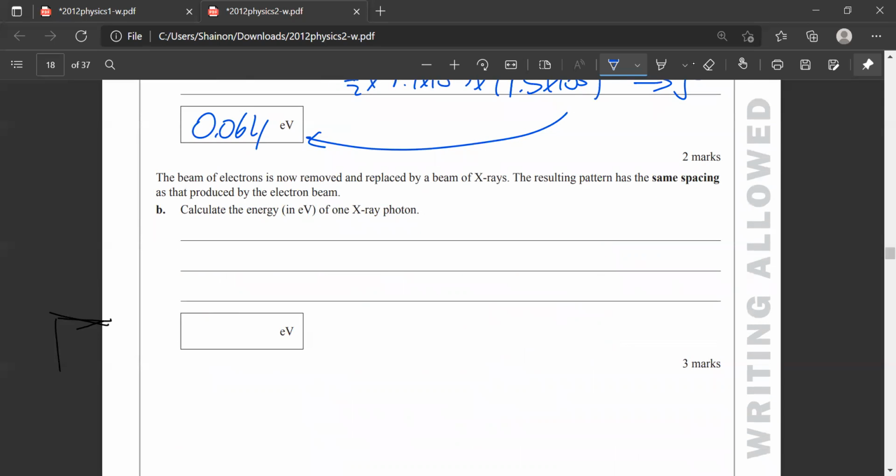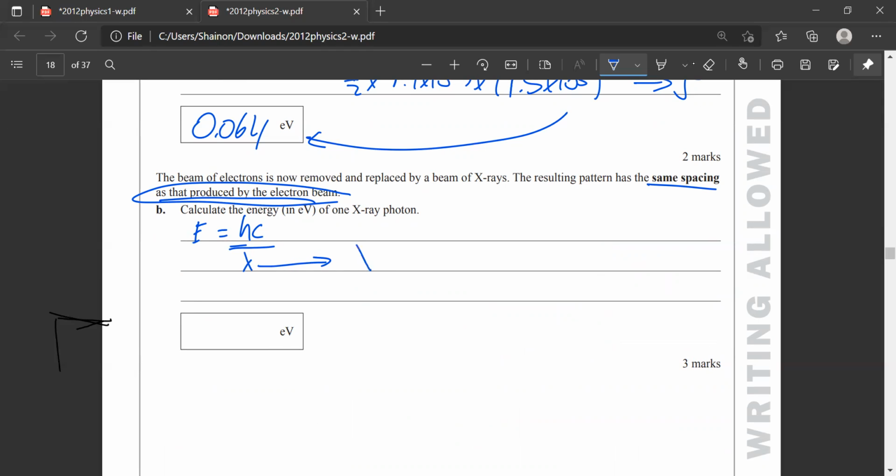This one was okay, I guess. Same spacing and that, so they have the same wavelength. So this is the normal formula. No, wait. E over lambda.